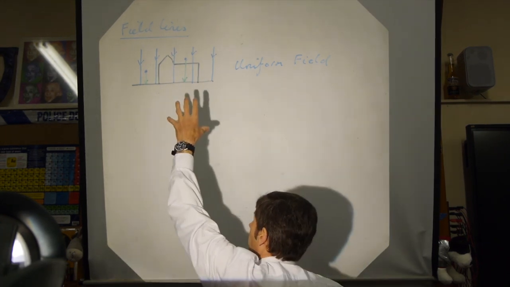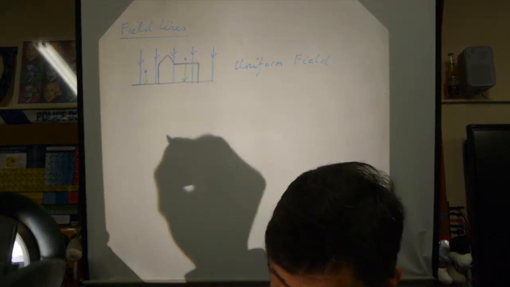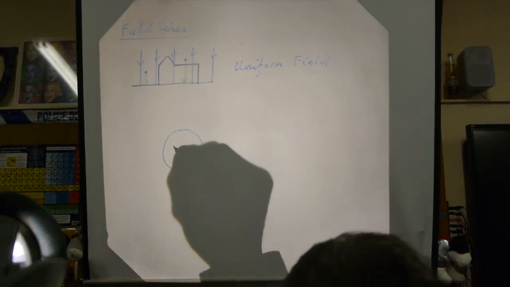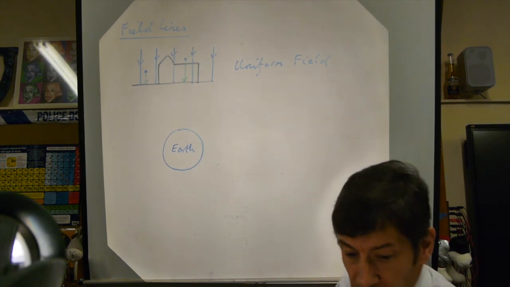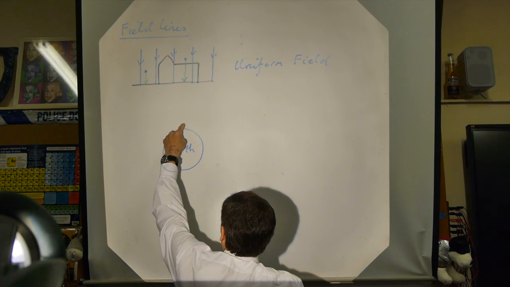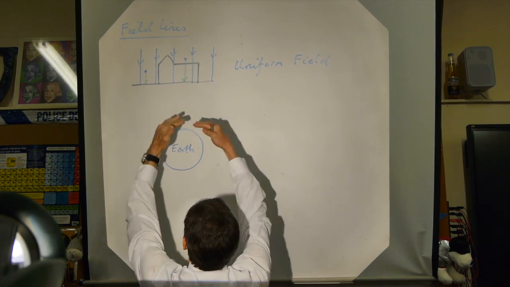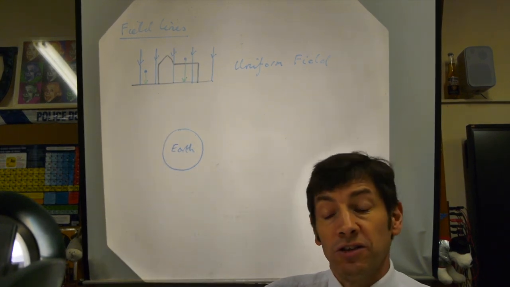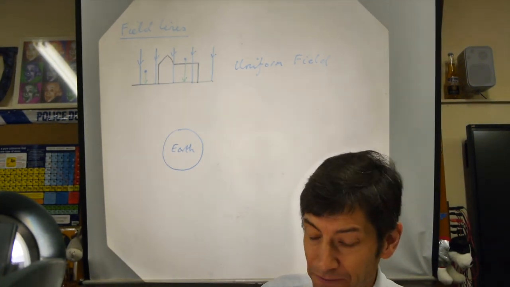If we were to back off and back off and back off and look at the Earth itself, there's the Earth. Looking at it from a huge distance, the field lines come in and come in and come in. But remember, bending the top diagram, it's not uniform. The field lines are not parallel.